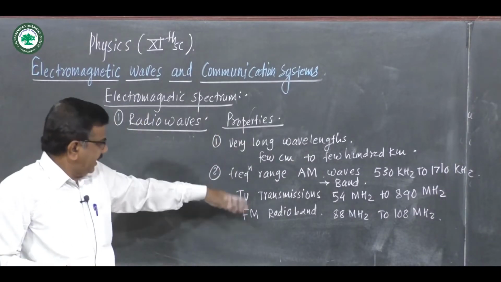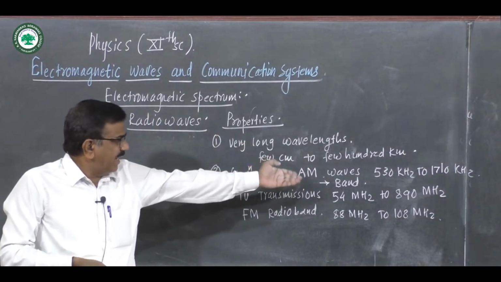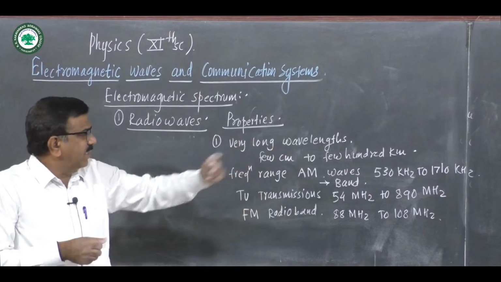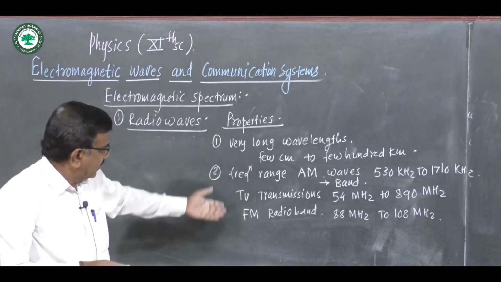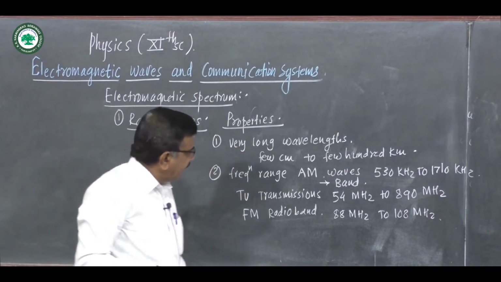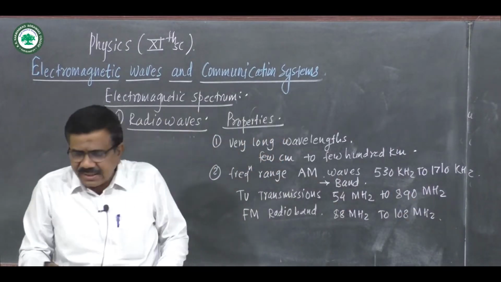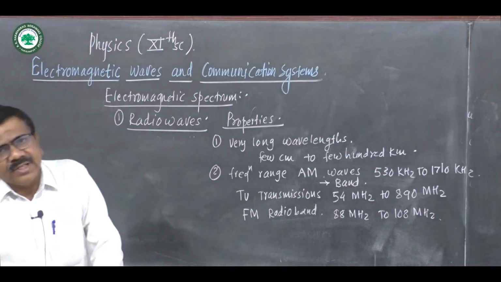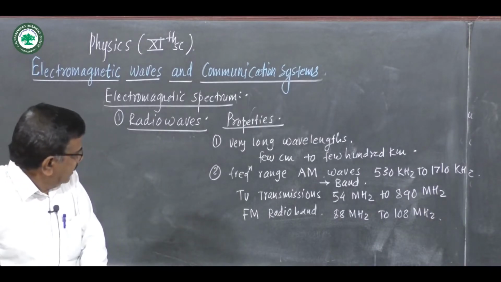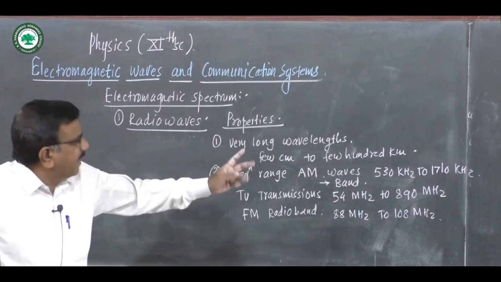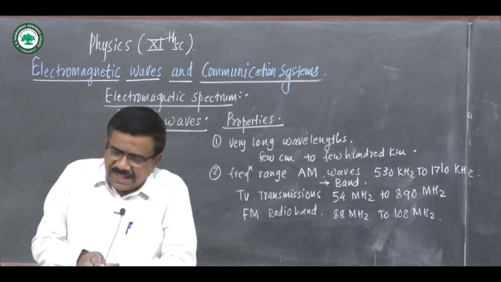Long wavelength is there. The frequency range for AM band is 530 kilohertz to 1710 kilohertz. For the transmission of television signals, 54 megahertz to 890 megahertz, and for the FM radio band, 88 megahertz to 108 megahertz.